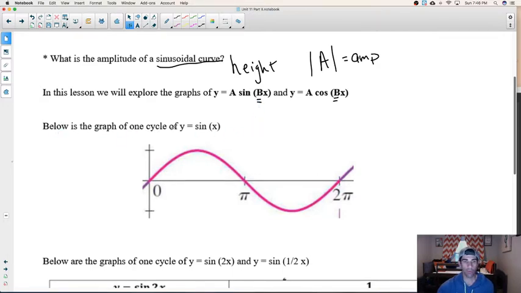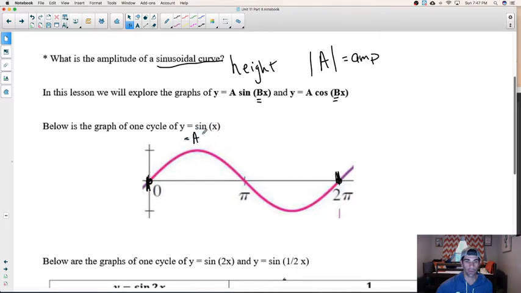Below is a graph of one cycle of sine x. I know that it's one cycle because a sine is going to start here, complete one maximum, down one minimum, and back down to here. And that's one cycle. In this case, that cycle went from 0 to 2 pi. Now, this is y equals sine x.